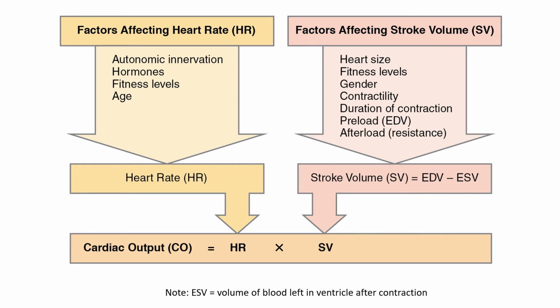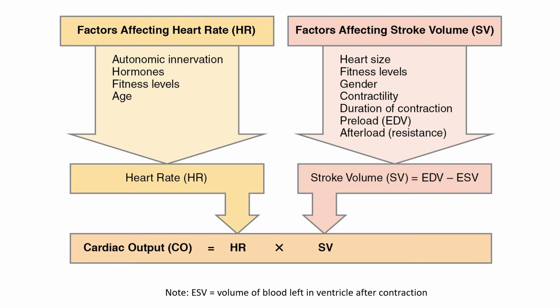So again, cardiac output is a product of the heart rate and the stroke volume, and both of these can be influenced by a number of different factors. The heart rate is affected by the autonomic nervous system and by the endocrine system. Remember that the autonomic nervous system can be divided into two branches, the sympathetic system and the parasympathetic system.